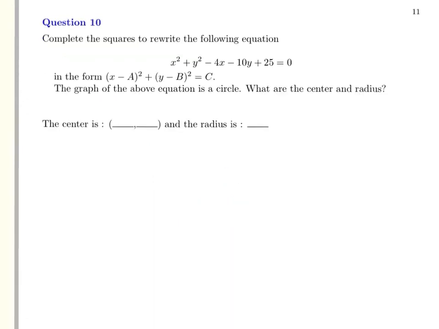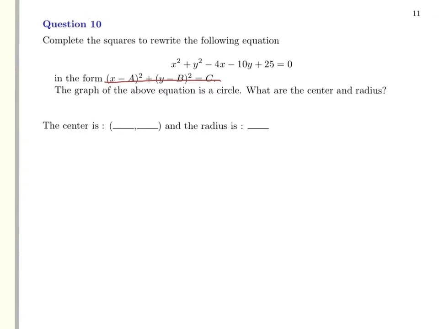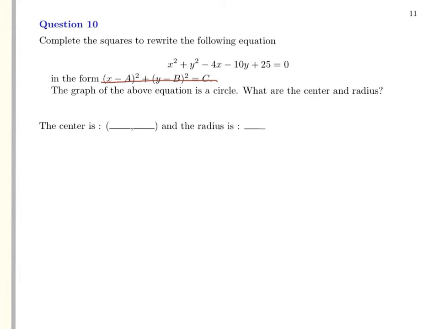Okay, so we need to rewrite this in the standard form of a circle, and we're reminded what that looks like right here. So we're going to have to complete the square twice. So I'm going to rewrite this equation right here.